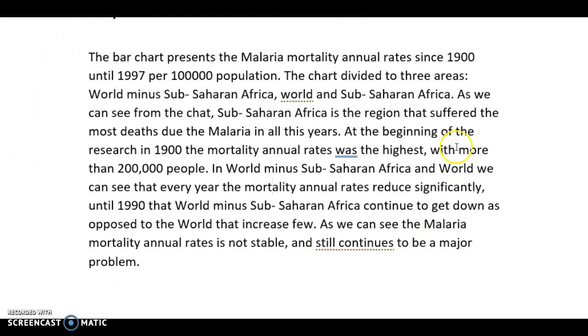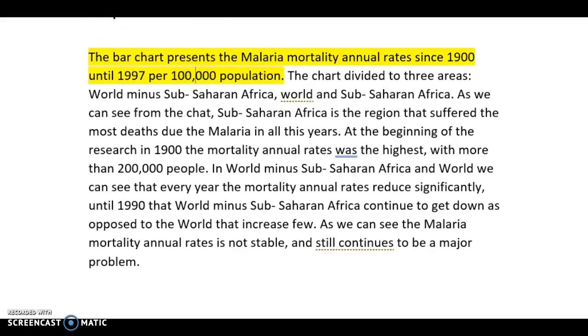It has paragraph structure. And here we have the bar chart represents the malaria mortality rate since 1900 until 19 per 100,000 population. Very nice. But 100,000 we need a comma. The chart divides to 3 areas, the world minus, the world, and sub-Saharan.